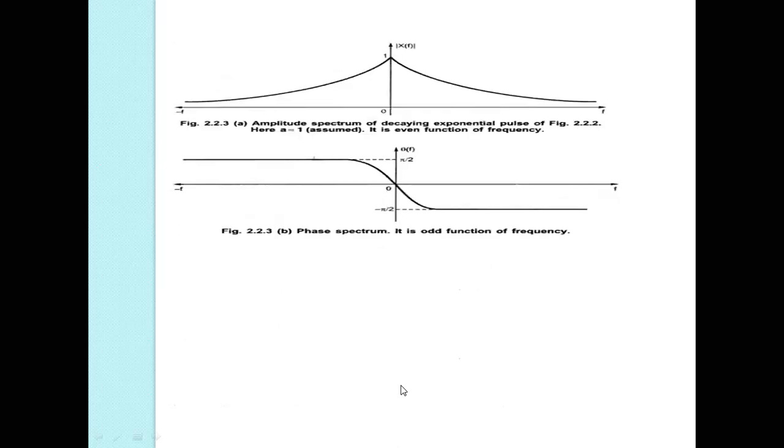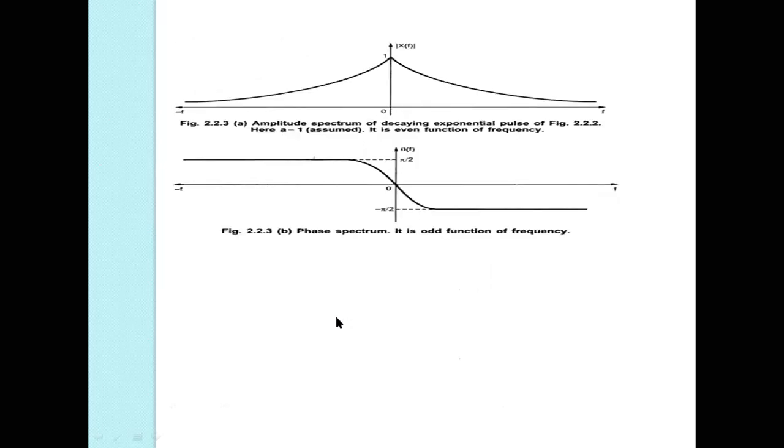Alright. Then substitute the f values. Let us say f is equal to 0. F equal to 0 means the term is 0 here. 1 by a square, square root, gives 1 by a.